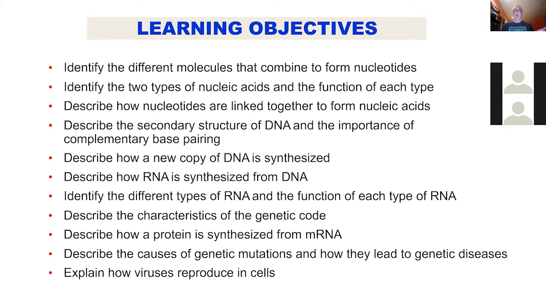We're going to learn about RNA and DNA, and how nucleotides are linked together to form long nucleic acids. It's the sequence of these nucleic acids that is the repository of genetic information. The specific sequence they lay down is what codes for proteins and RNA and all the other things that your body makes. So we're going to talk about the structure of DNA.